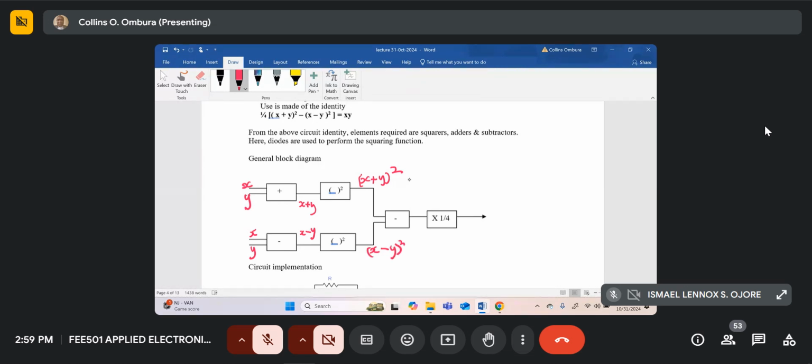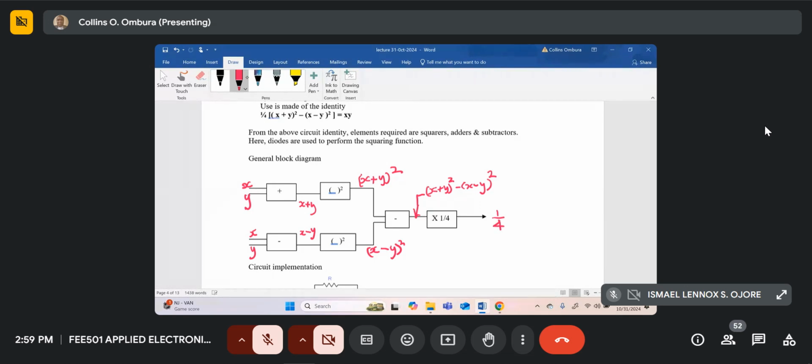Then you subtract the first from the second, so you're going to get x plus y all squared minus x minus y all squared, and then you multiply it by a quarter.